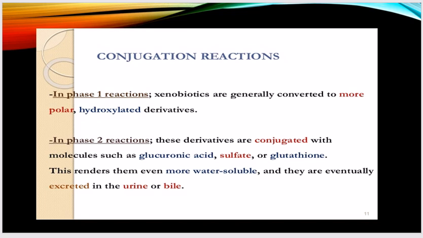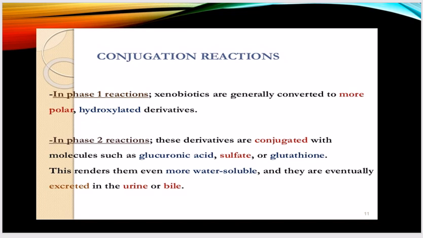In phase 1 reactions, the xenobiotics are generally converted into a more polar form or hydroxylated derivatives. The phase 2 reactions involve the addition of endogenous groups to the foreign toxic compounds, and these compounds are then metabolized.